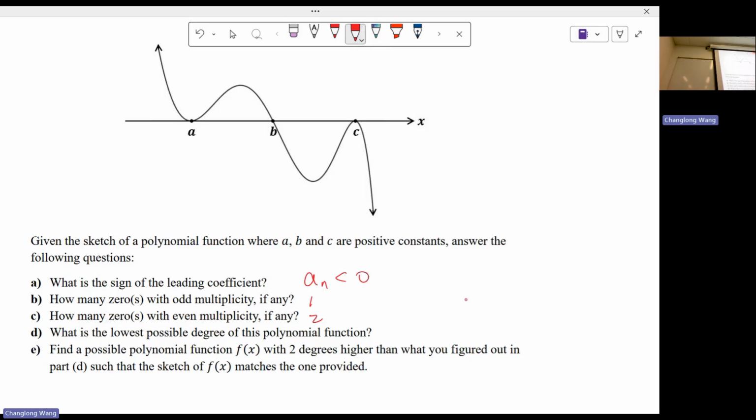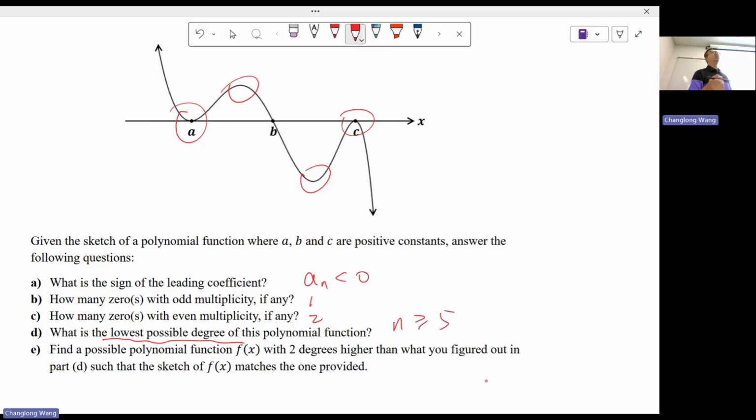But now you're looking at 4 turning points. That means the degree must be at least 5. See that? So again, think through the logic when you get a chance. So the lowest degree is 5.